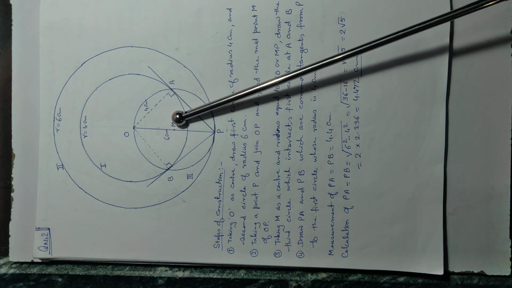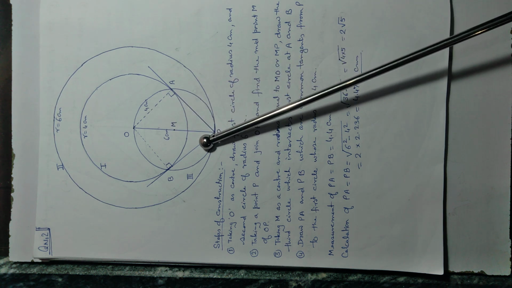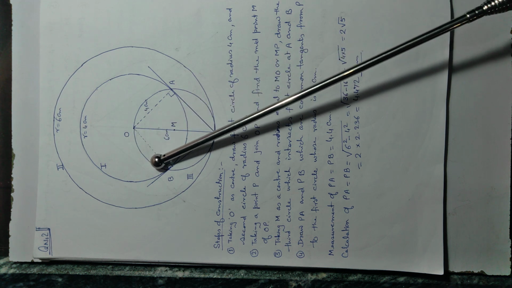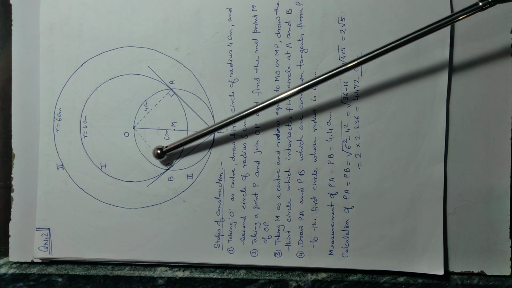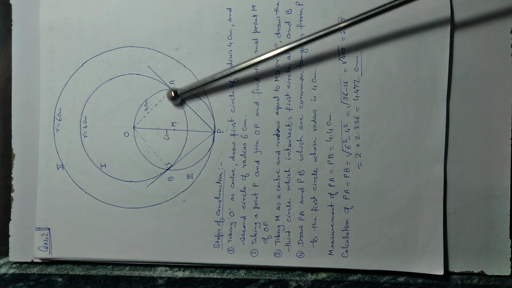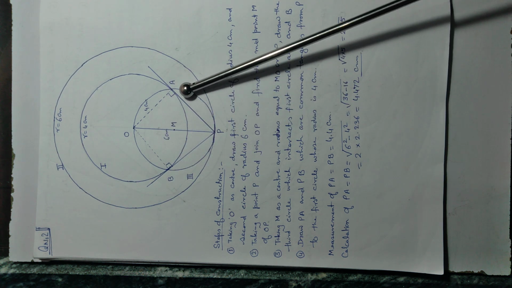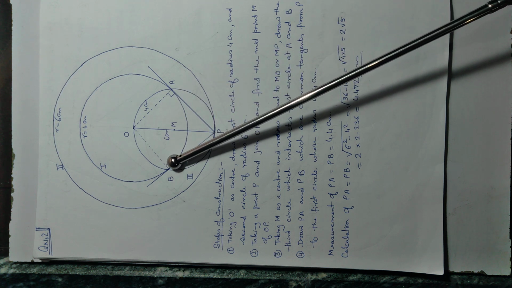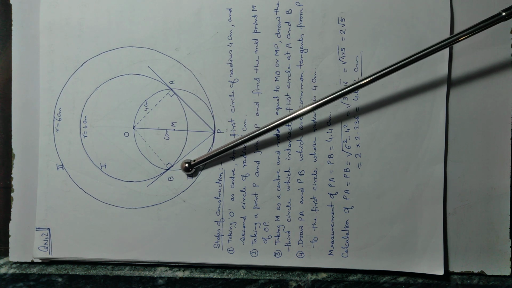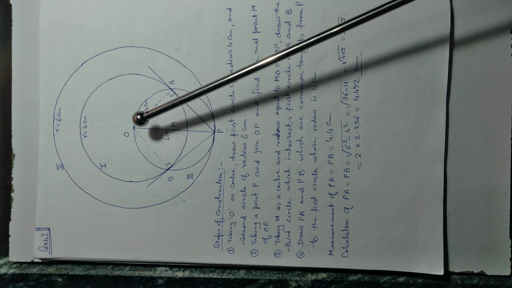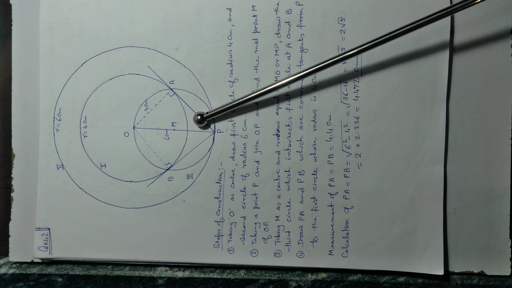So construct a circle, a third circle you can say, which intersects the first circle at the points B and A. Now join PA and PB, which are the tangents to the circle O, meaning the first circle.